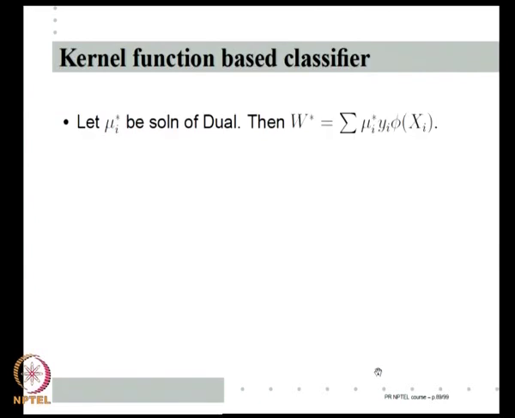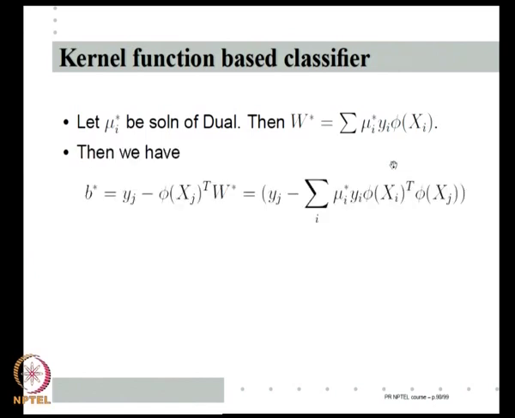Well, as it turns out, I do not have to do that also. It is a very interesting thing. Let us say mu_i star are the solutions of the dual. Then we know that W star is the summation of mu_i star y_i phi(xi). So, for example, what will be B star? B star will be yj minus phi(xj) transpose W star. Now, W star is given by this.